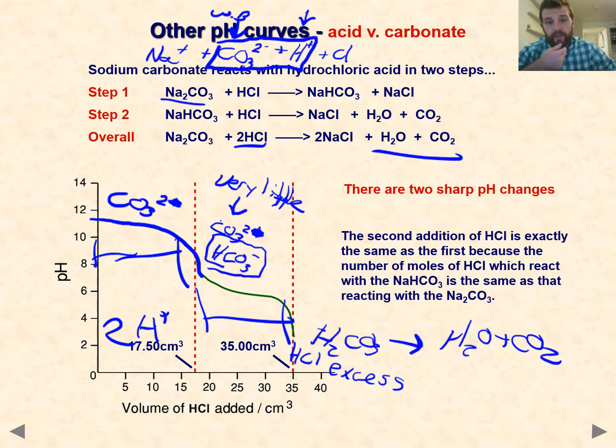And then as you finish your titration, as you add in excess HCl, you end up with H2CO3, but that decomposes into H2O plus CO2. And then eventually you'll just add an excess H+. So this is where you're going to have HCl in excess.